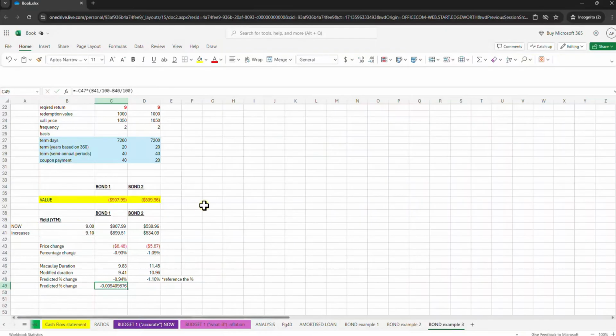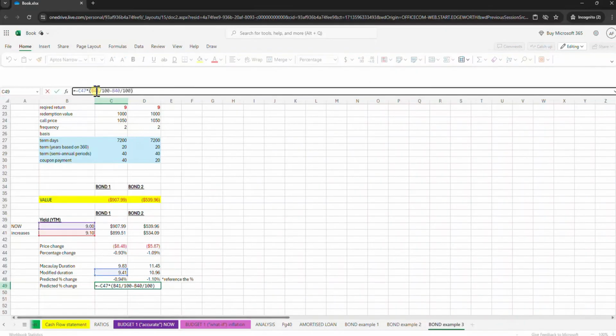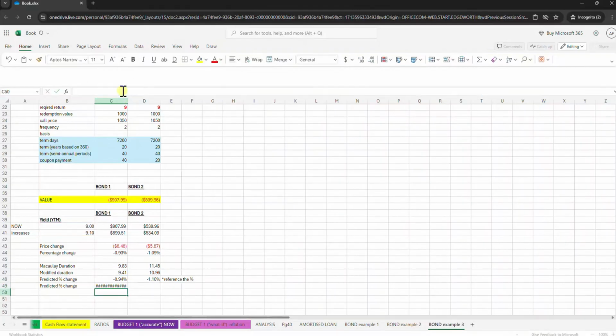Ah, it does work. Make it a percentage. Yeah, it is working. So let's fix those cells. Fix the cell. Copy it, paste it. Make sense? Yes, makes sense. Great, and that's how you do duration, basically.